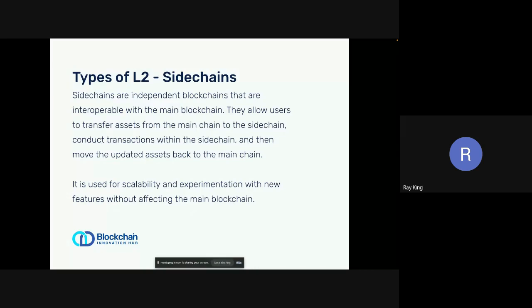And then from your side chain, you can decide to perform transactions there. So you can conduct transactions from your side chain. And then whenever you are done and ready, you can move back to the main chain. So do we understand sidechain and state channels at this particular point?